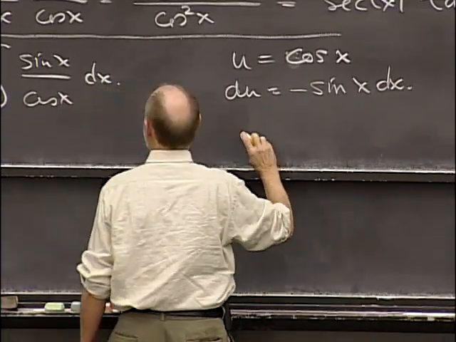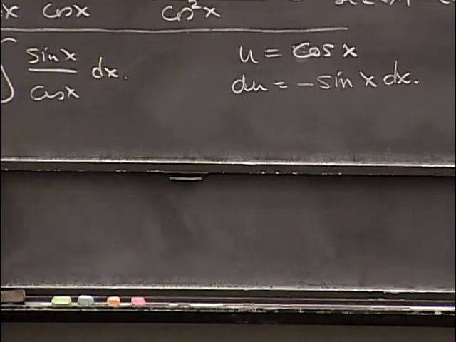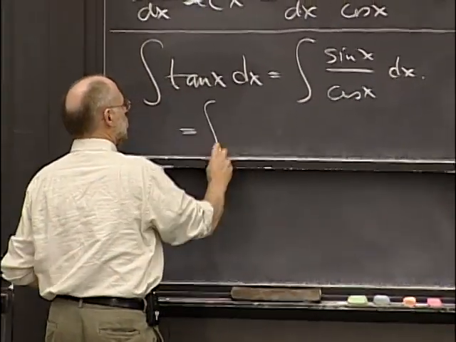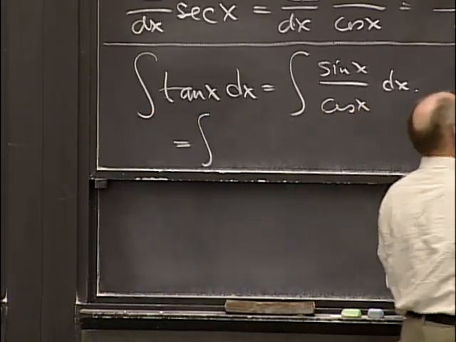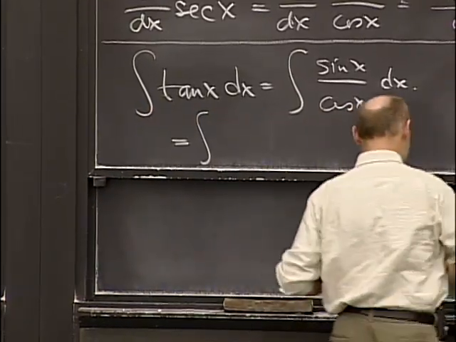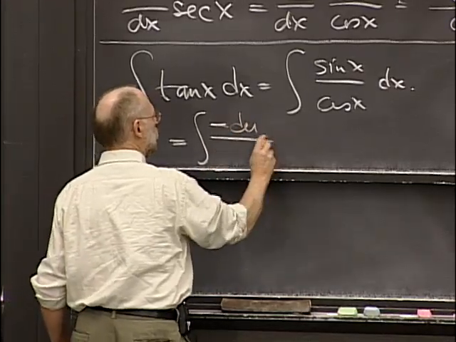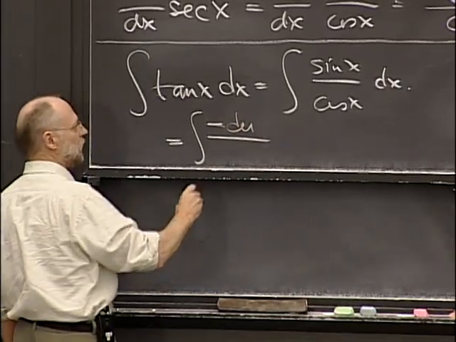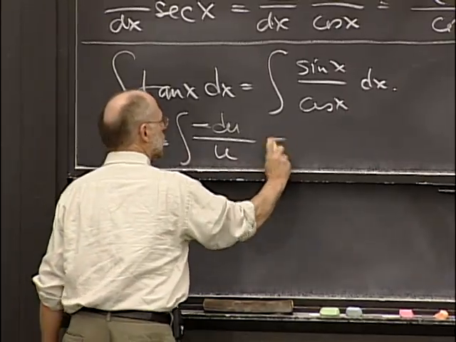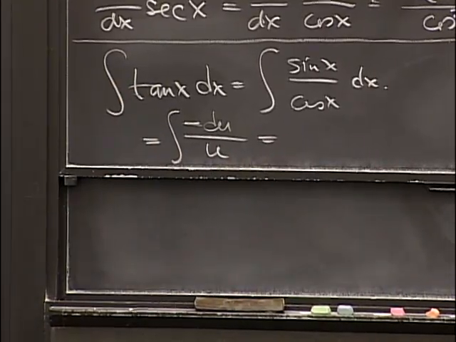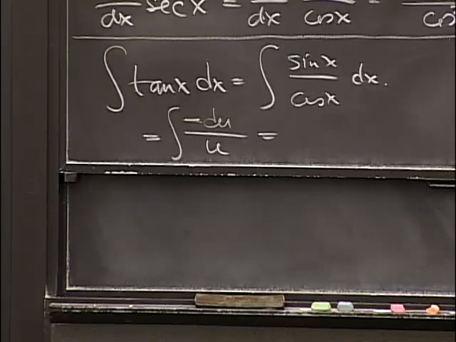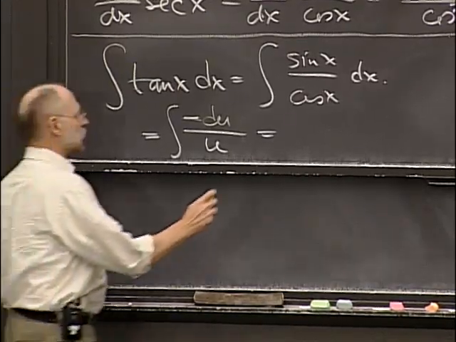And so I can rewrite this, under this substitution, as minus du divided by u. That's the numerator: sine x dx is minus du. Well, I know how to do that integral too. That gives me the natural log, doesn't it?